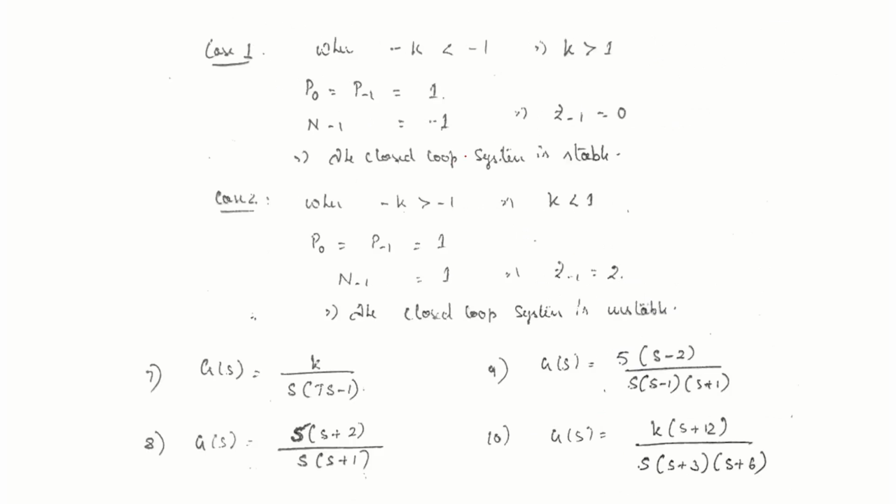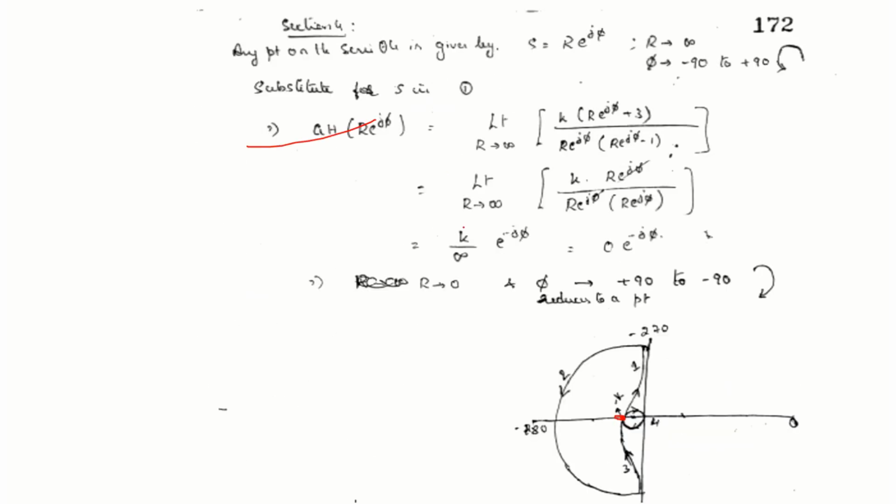So what I have done is minus K is less than minus 1, that is K greater than 1. So one pole is on the right hand side, and see the encirclement.